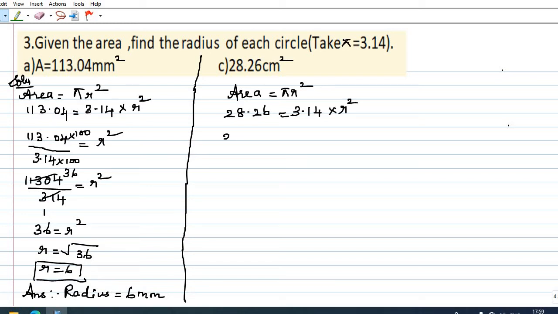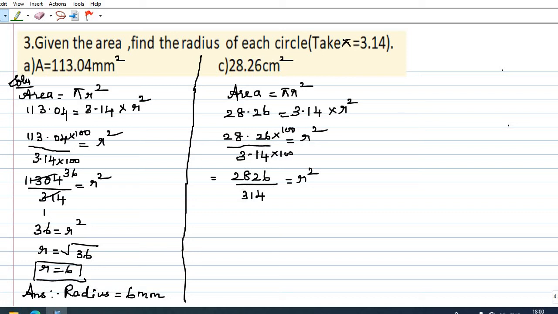So listen, children, 28.26 divided by 3.14 is equal to r square. Here also I am multiplying by 100, because I am removing the decimal. So 2826 divided by 314 is equal to r square.